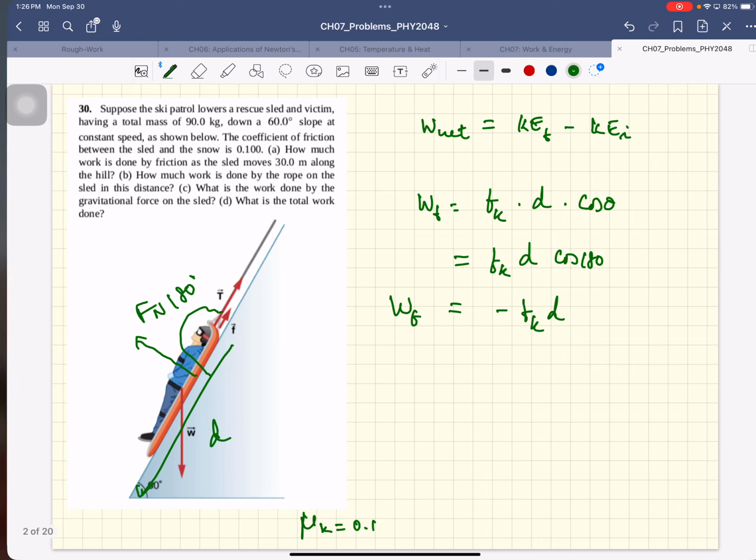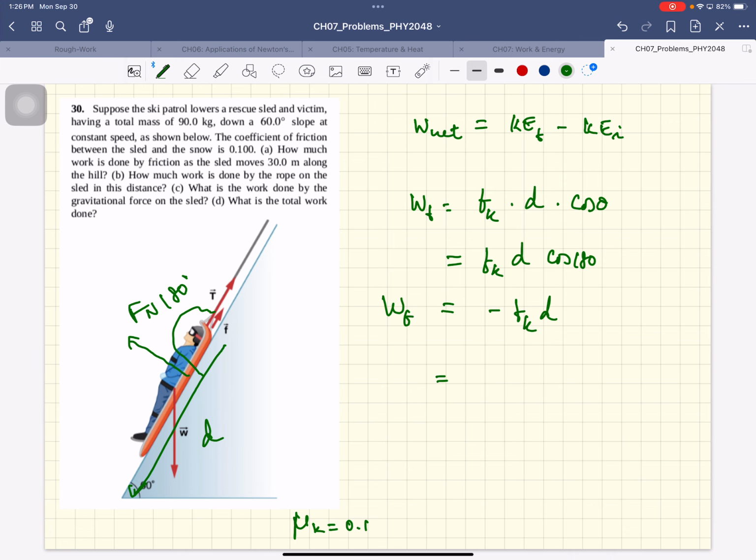All right, what is the friction force equal to? Friction force is equal to mu k times the normal force. And in this diagram, there's the weight, there's the component of the weight. This is mg sine theta.